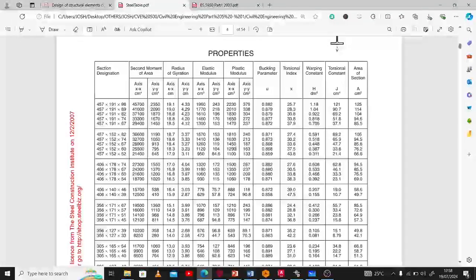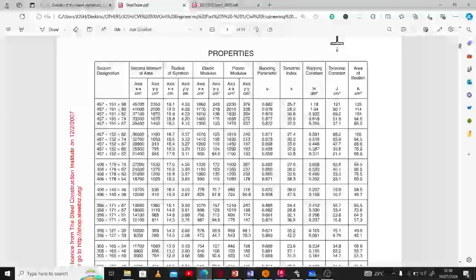Because this is around 1100, we want to stay slightly above 1118, and this will be economical for us to use. All right, so we'll be using the 457 by 152 by 60 universal beam.